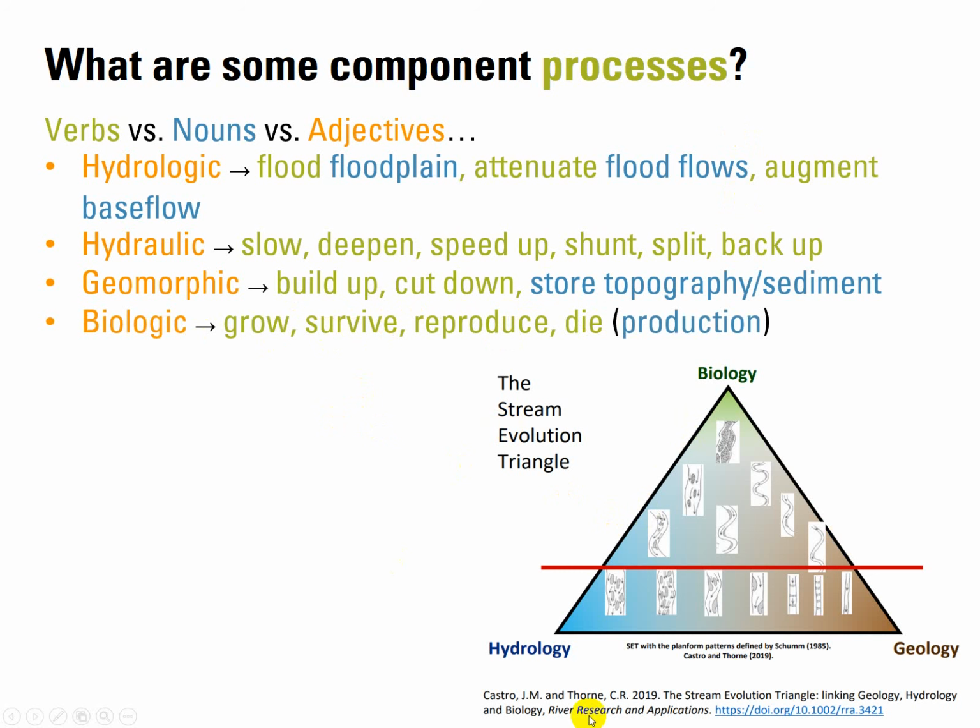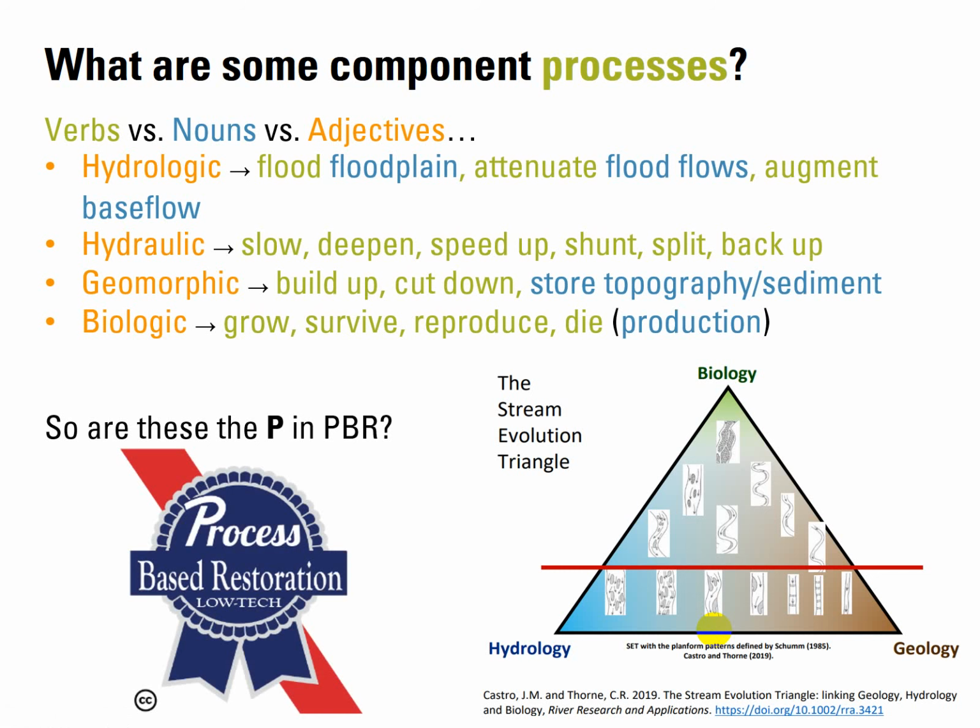And so we heard from Colin earlier a little bit about the stream evolution triangle that really talks about how this portfolio of these three things kind of shifting. And I believe Mark also talked a little bit about that. So are these the P that we want to focus on in process-based restoration? These hydrologic, hydraulic, geomorphic, biologic component processes, and there can be very specific examples of these.